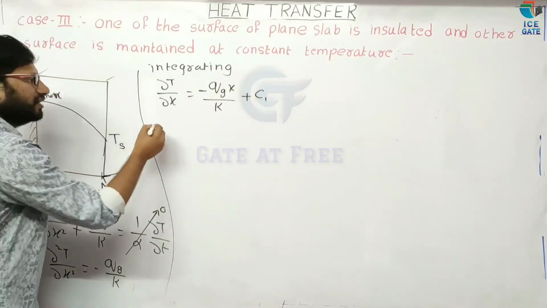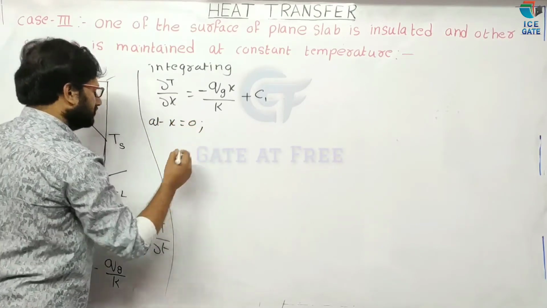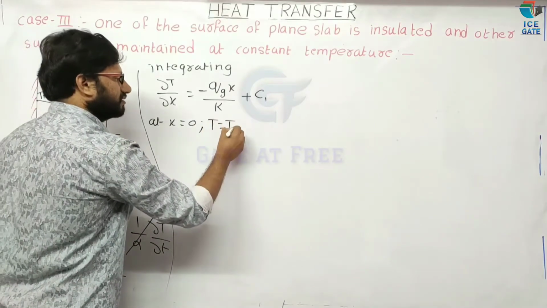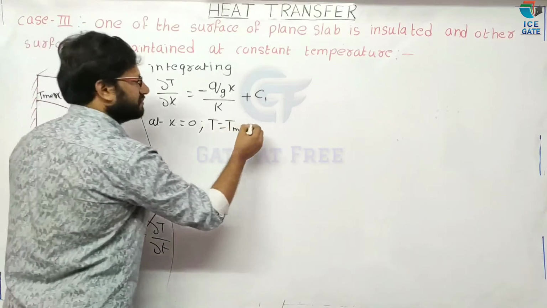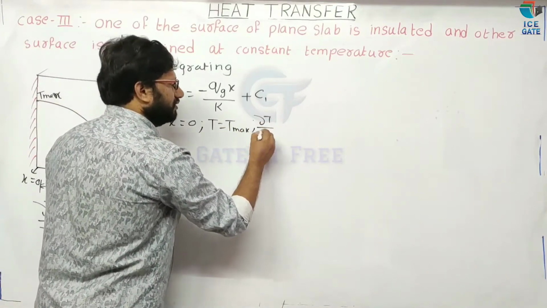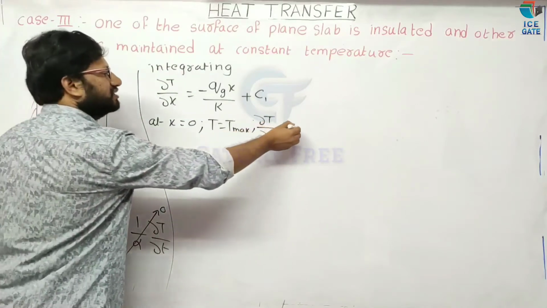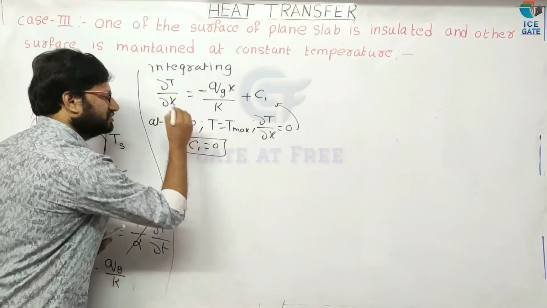Now take the boundary condition. At x is equal to 0, T equal to T max. At the maximum temperature, the slope of the temperature profile, ∂T/∂x, is 0. Substituting in our equation, we get C1 is equal to 0.